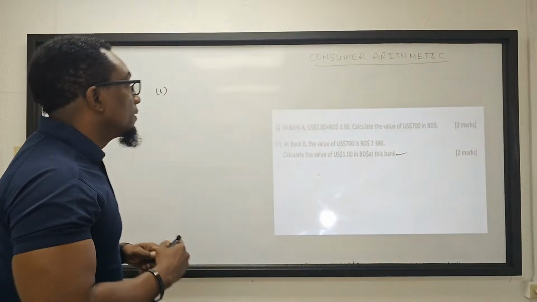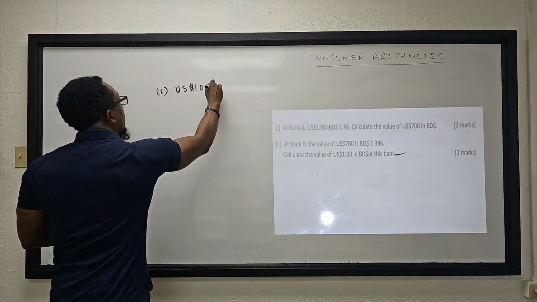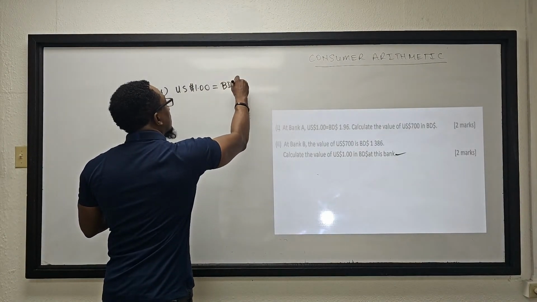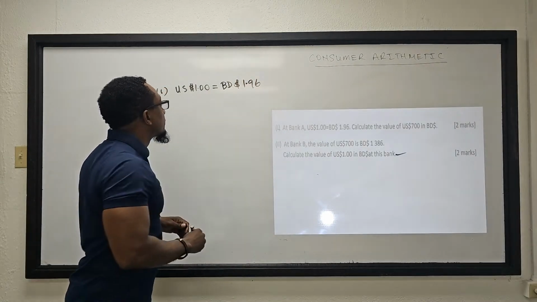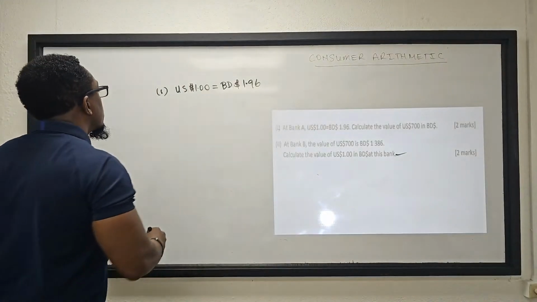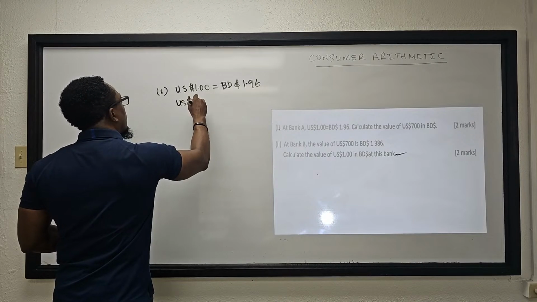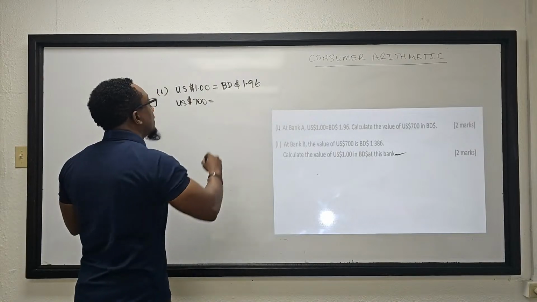So we're going to state here US $1 is equal to Barbados $1.96. So therefore US $700. Once we know 1 is equal to, we can find the 700.